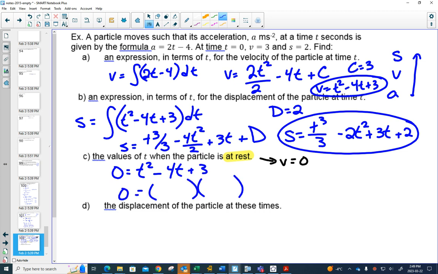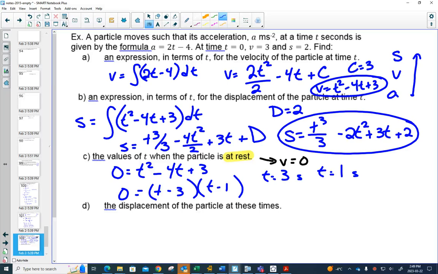This factors nicely. T minus 3, t minus 1. So t is equal to 3, and t is equal to 1. What are our units? 3 seconds, 1 second. So it's at rest at 3 seconds and at 1 second.